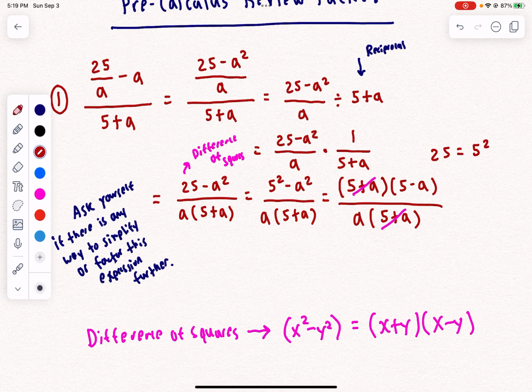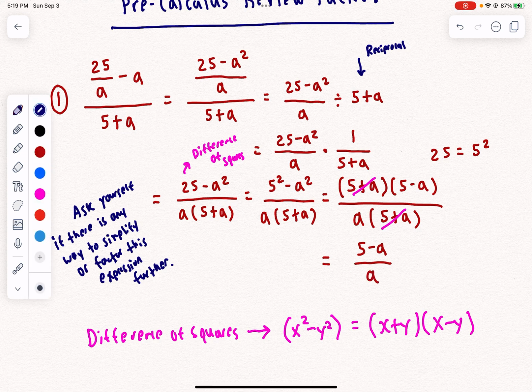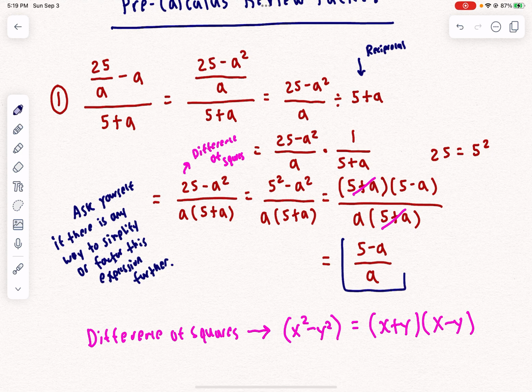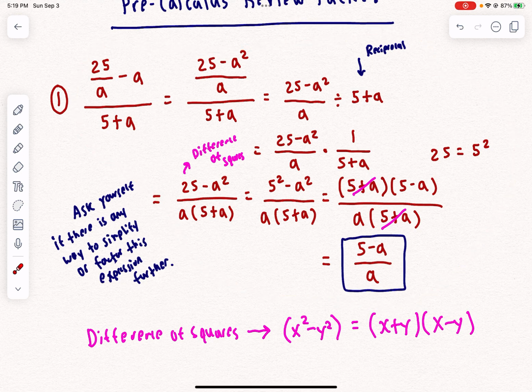And then ultimately what you're left with is 5 minus a all over a. And this right here should be your final answer. So this is one way of approaching this problem of simplifying this algebraic expression.